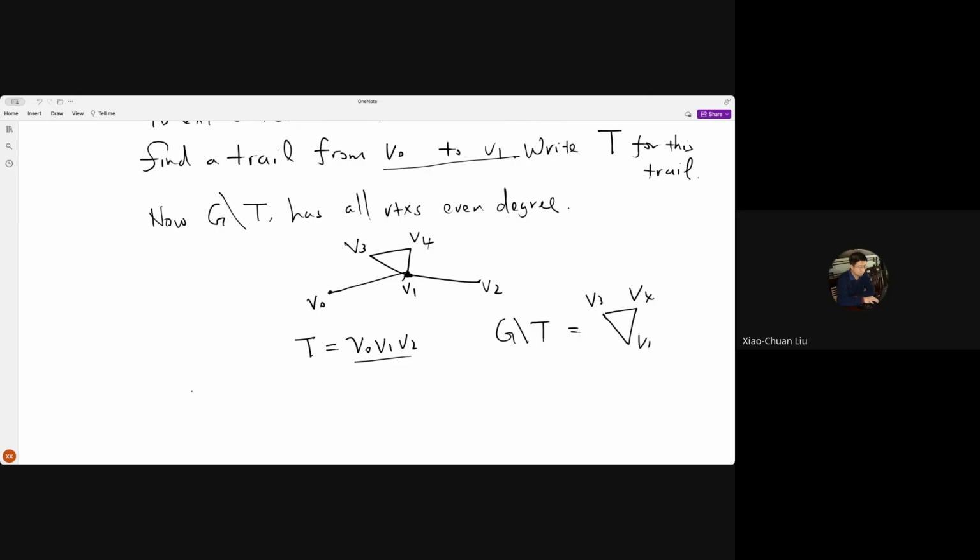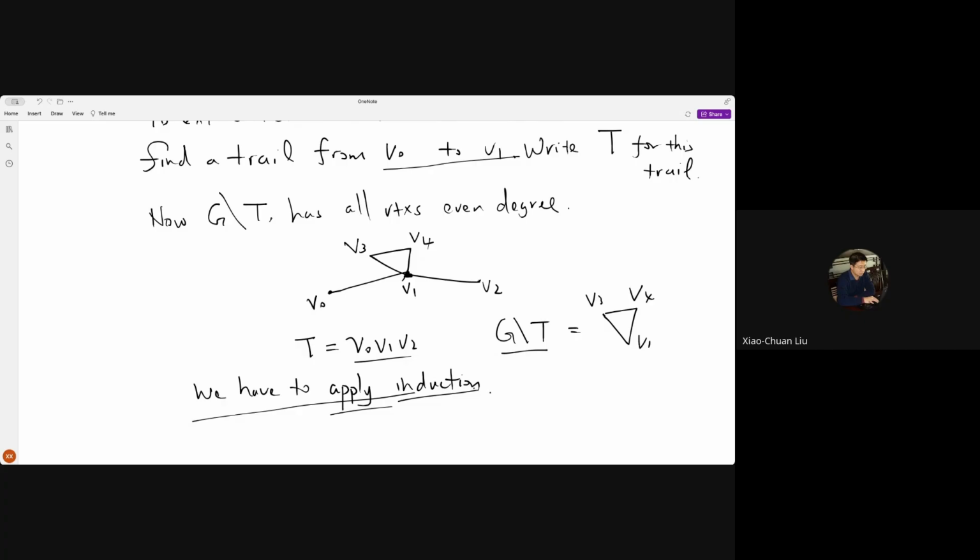Okay, but at this point, we have to apply a kind of induction. This induction means that this graph must admit an Euler tour. And you can add this Euler tour together with our trial to become an Euler trial.